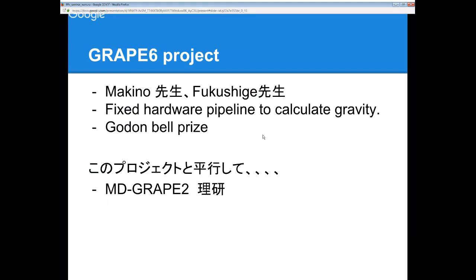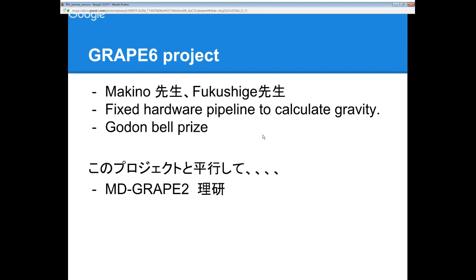And also at that time, we had another project, MD-GRAPE-2. That is the same kind of hardware, but this hardware is for molecular dynamics.